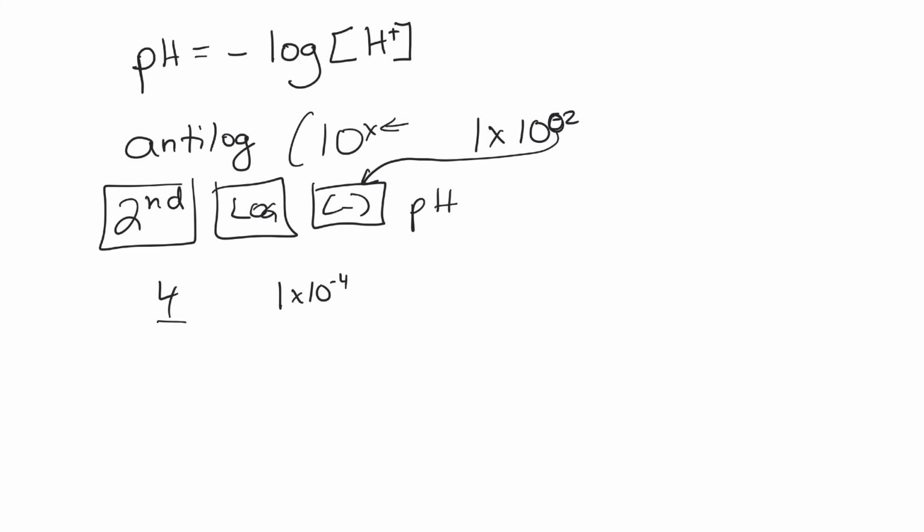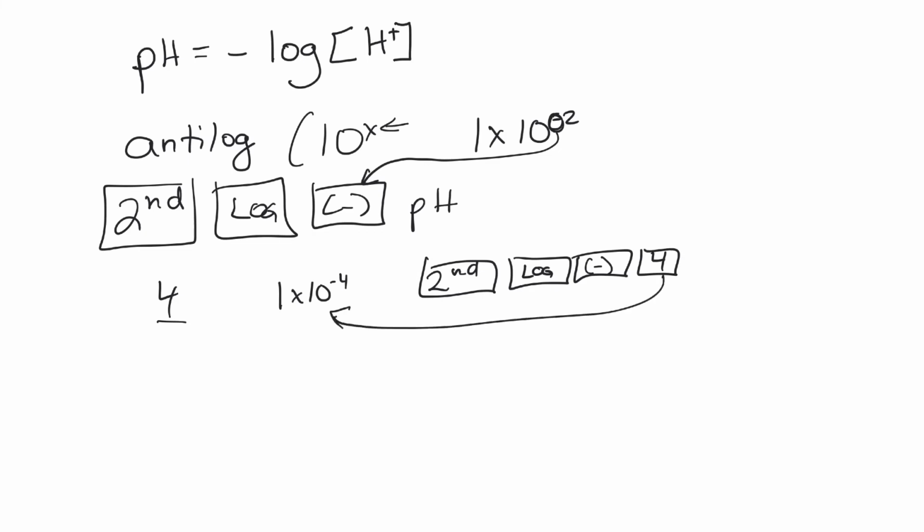But to put it in your calculator, you would do second log negative, now not the minus sign, but the negative sign, and then you would do 4. And when you put your calculator in scientific notation, it would say either 0.0001, and if it's not in scientific notation, then change it to scientific notation, and you would get 1 times 10 to the negative 4th.